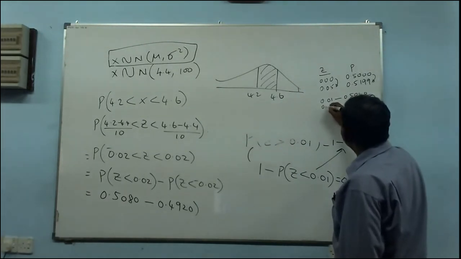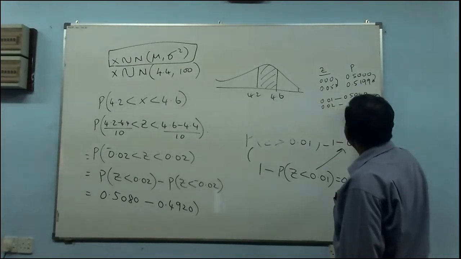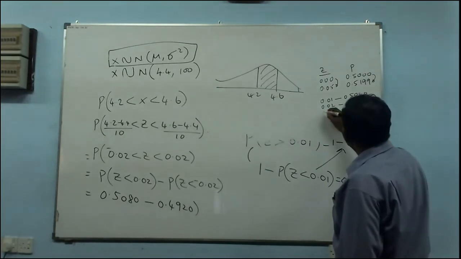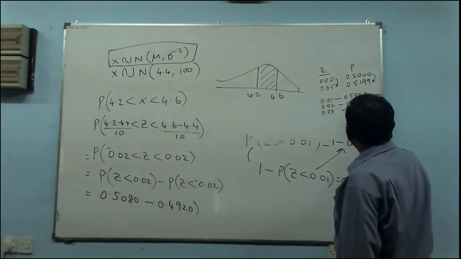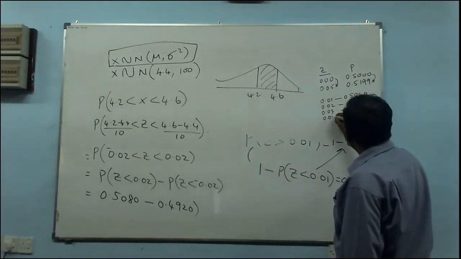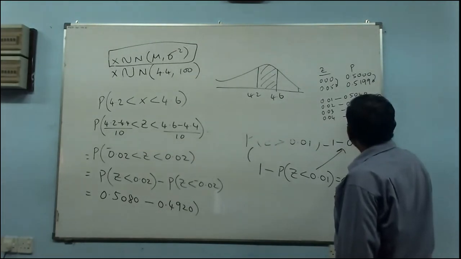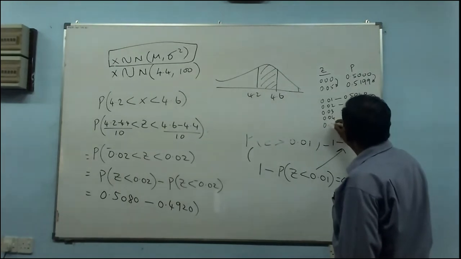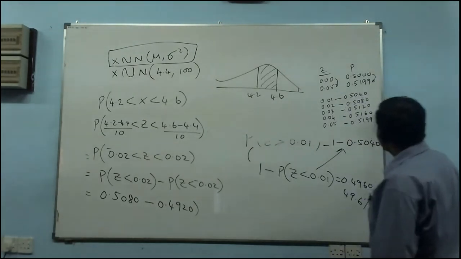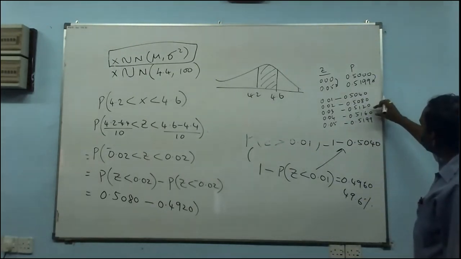For 0.02, we could say 0.5080. For 0.03, we can say 0.5120. 0.04, we could say 0.5160. And 0.05, we could say 0.5199. Roughly, these are 40. Here 40, 40, 40, 40.